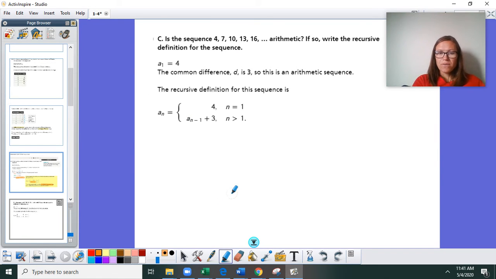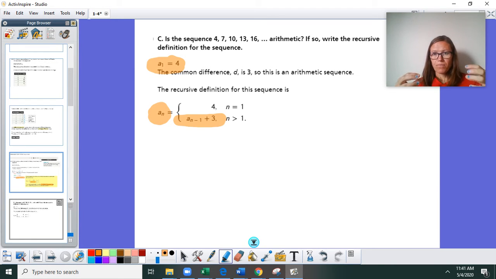So in this case, you see, in order to get our next term, what we're doing is we're adding 3 to our previous term. And so if we start, we always want to identify where we start. Anytime that we're working with a recursive nature, we really want to make sure we identify where we're starting. So we're starting with the first term.